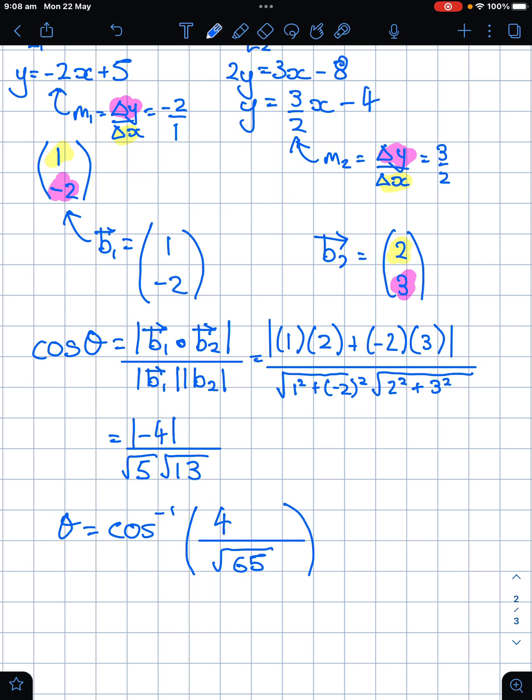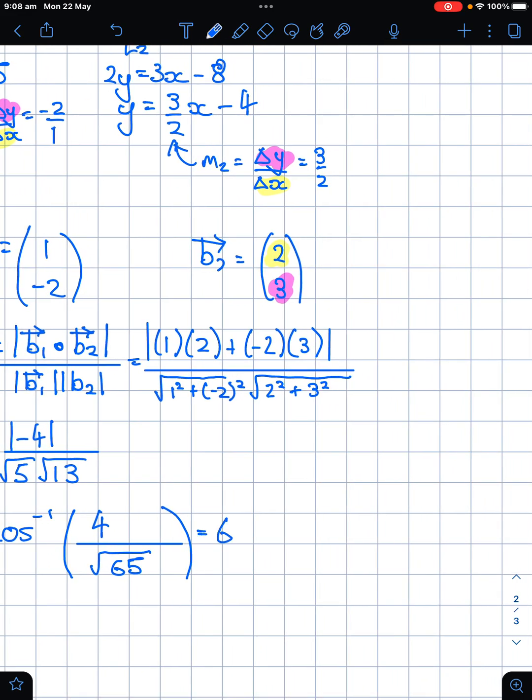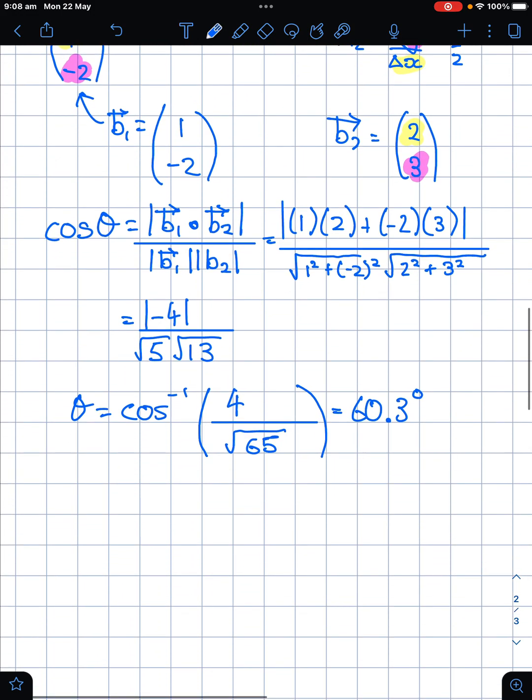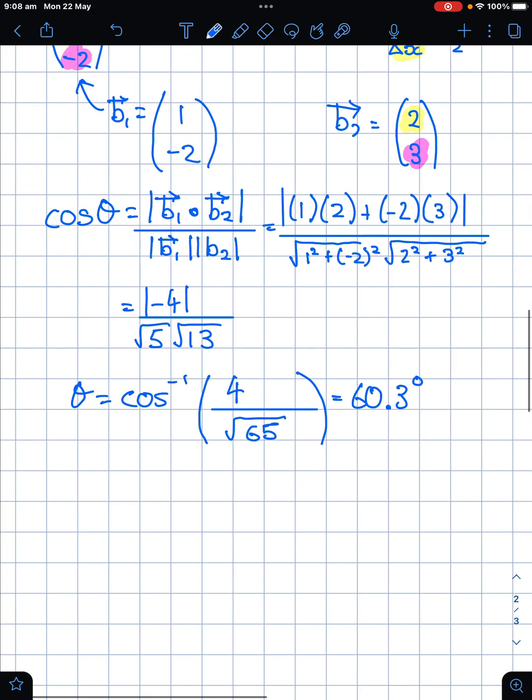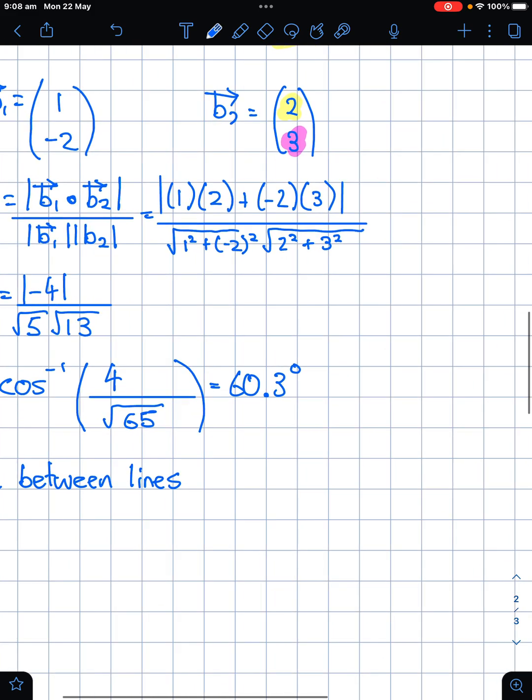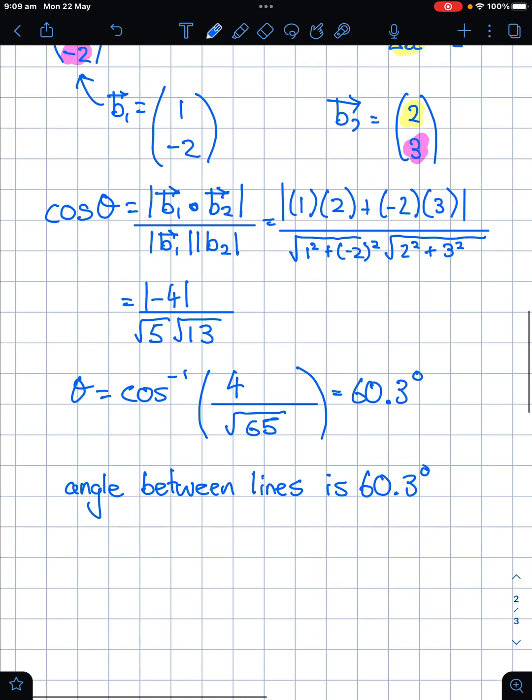So inverse cosine of 4 over square root 65 equals 60.3 degrees. So got that all sorted. Therefore the angle between the lines is about 60.3 degrees. Perfect. All done there.